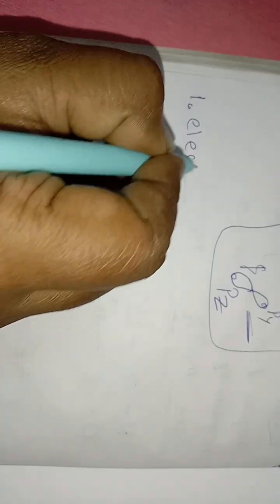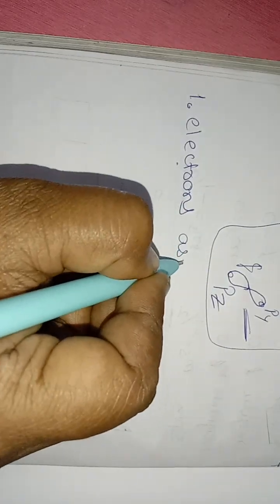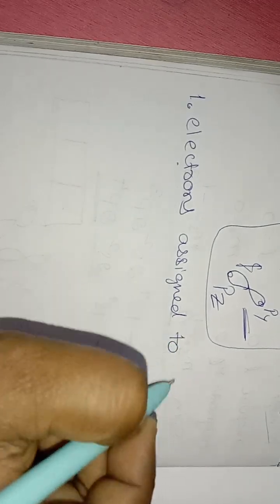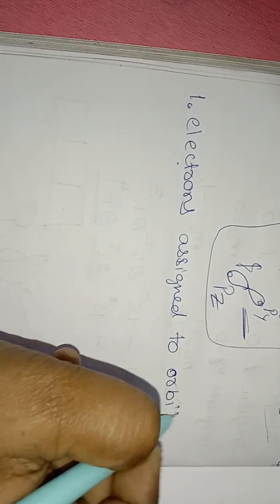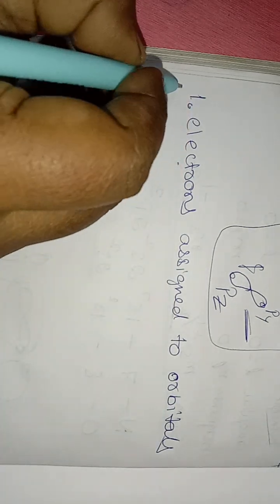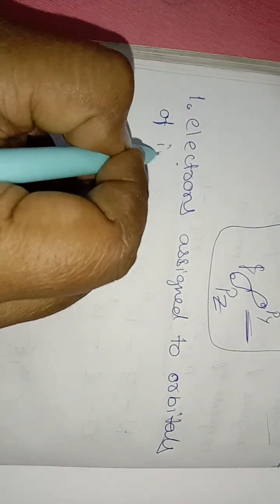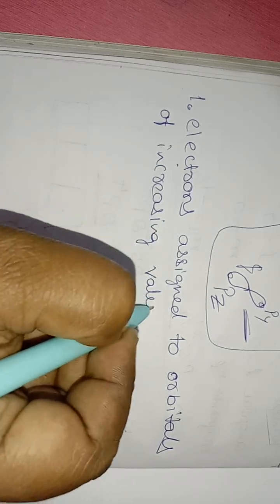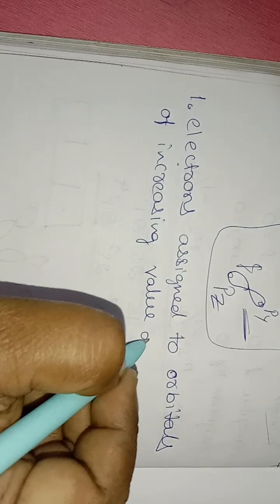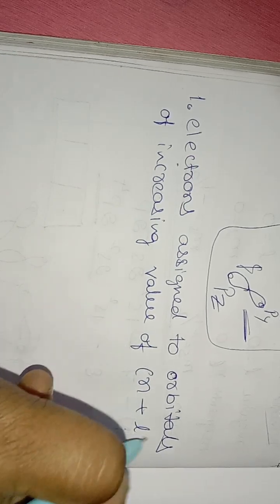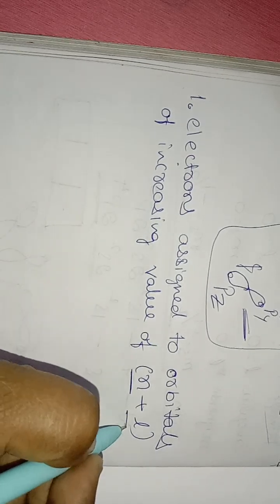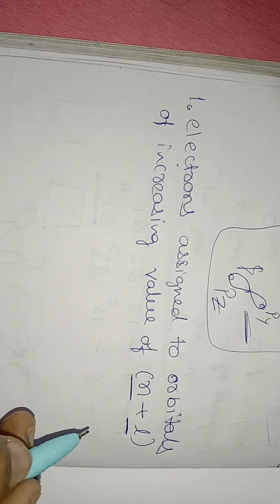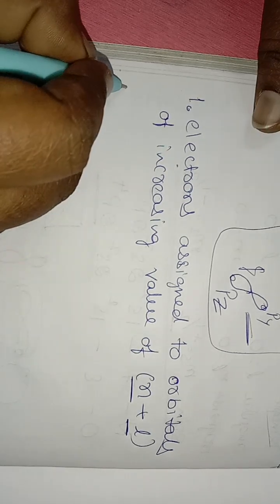So electrons are assigned to orbitals of increasing value of n plus l. What does n stand for here? Principal quantum number. l stands for angular momentum quantum number.